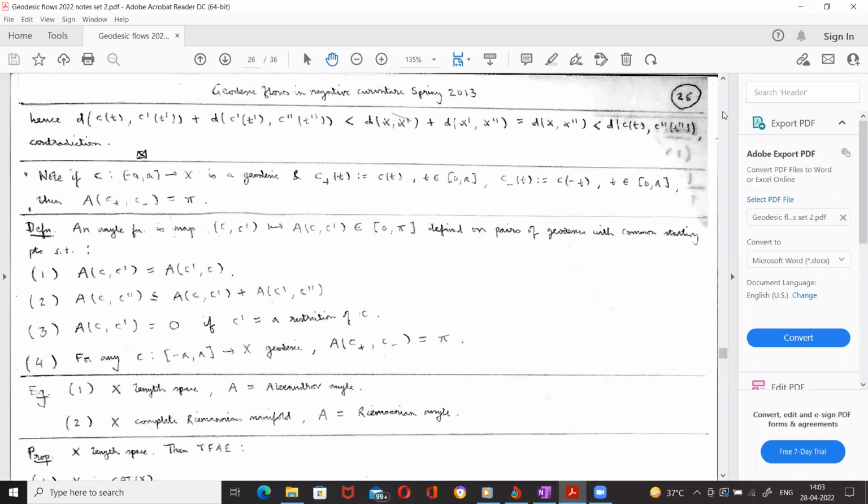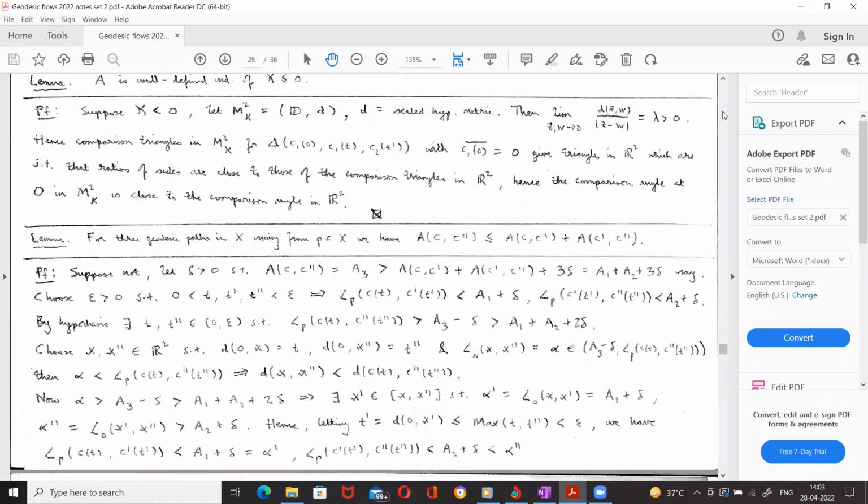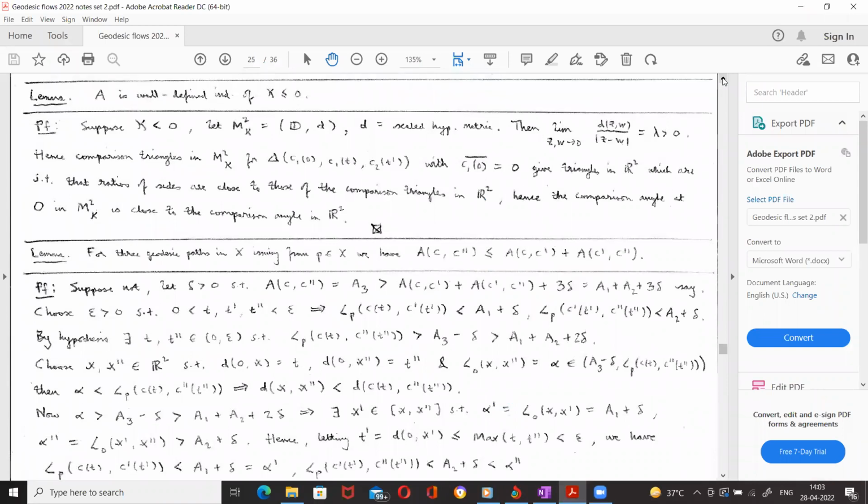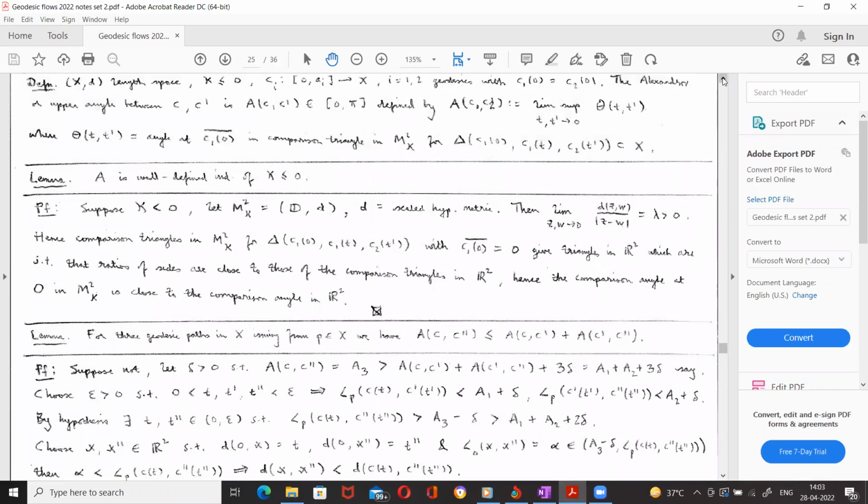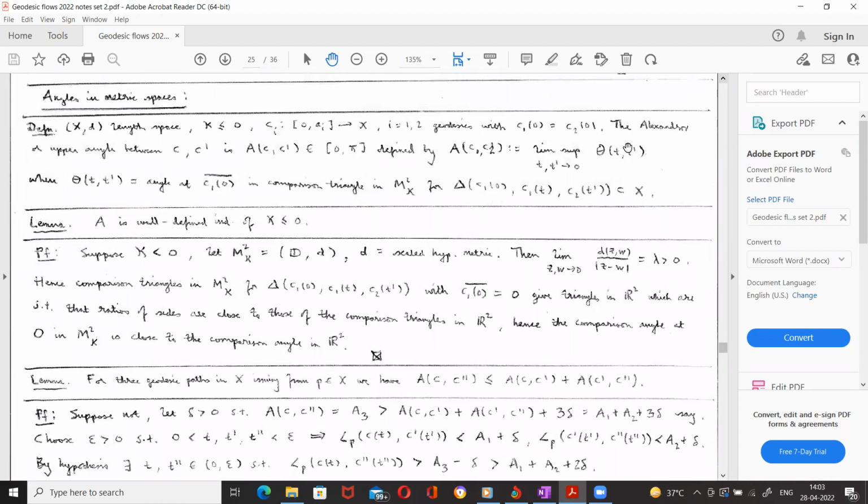So last time we defined the Alexandrov angle between two geodesics in a metric space, right?